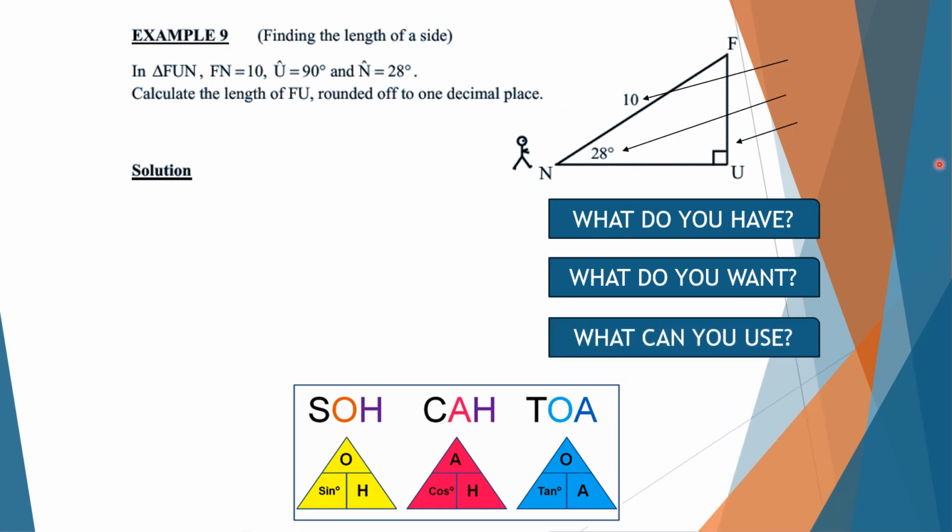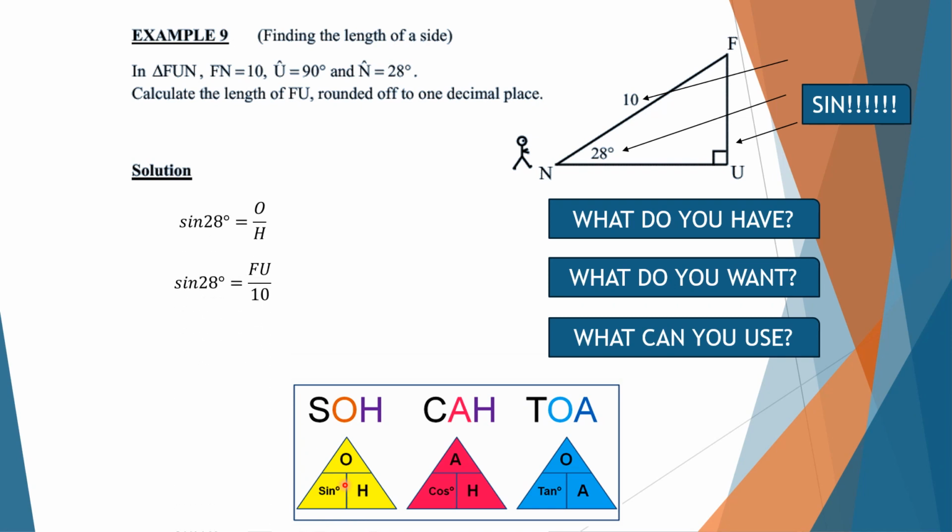The third question is, what can we use to find FU? We can use sine. Why? Because I have the hypotenuse and I want the opposite. And the only ratio that goes with the opposite and the hypotenuse is sine, right?